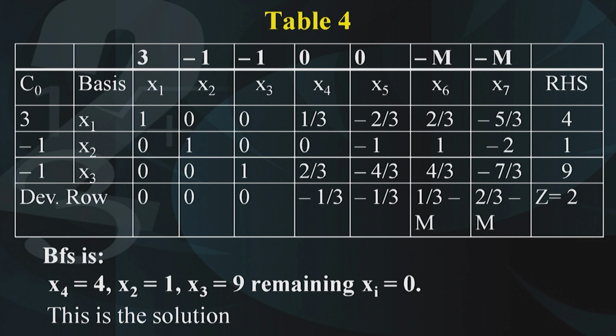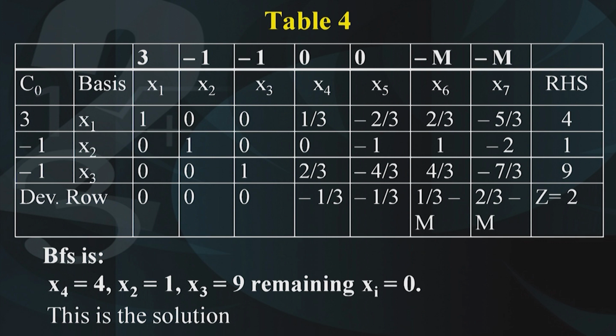We find that in the big M method we take care of those inequalities which are of the greater than or equal to type, because in the greater than or equal to type constraints we have to subtract a surplus variable, and because we are subtracting a surplus variable, we do not have a basic variable in that equation.